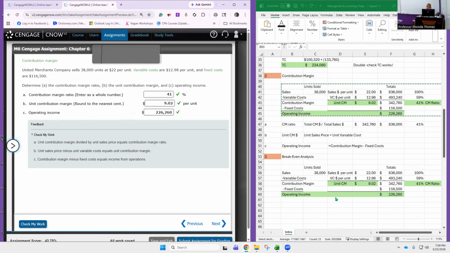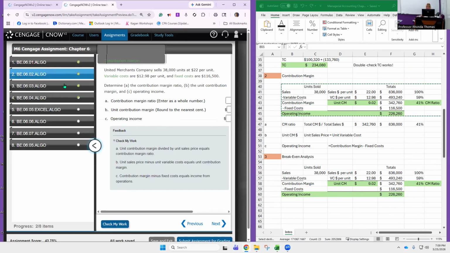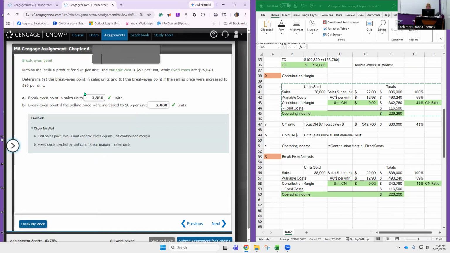And I think proving the break even is very important, because just when you think you understand, you don't. Okay, going on. Okay, now notice they don't tell us how many units, because that's what we're trying to find. Okay, so I'm going to take that out.